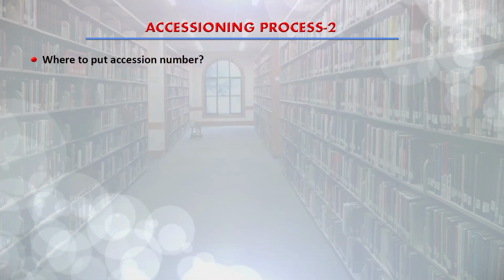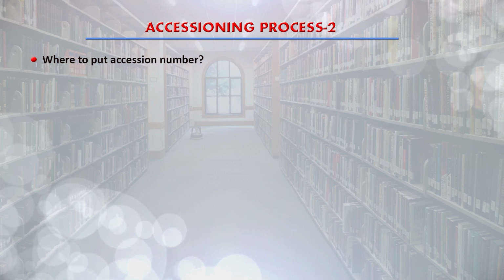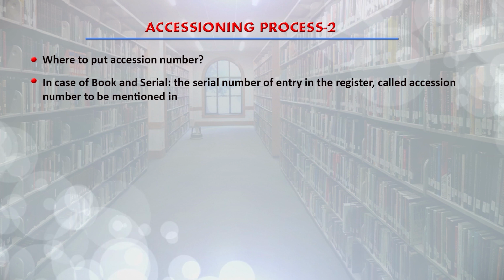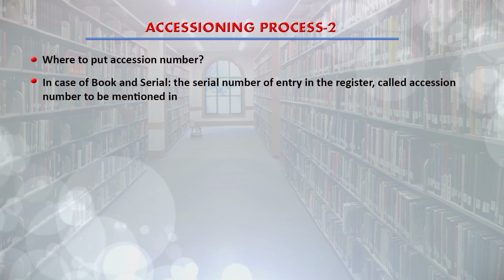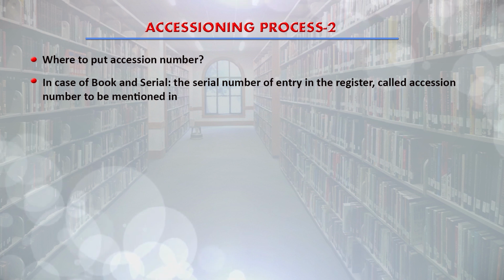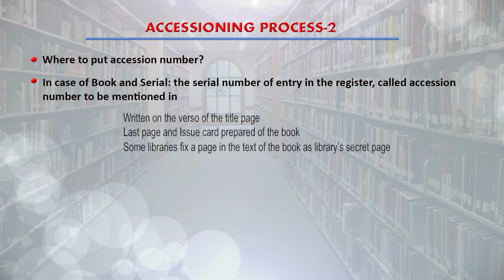Now coming back to the accessioning process, where do we put this accession number? That is most important. In the case of books and serials, you have to put the accession number in several places. First of all, in the title page, on the verso of the title page.